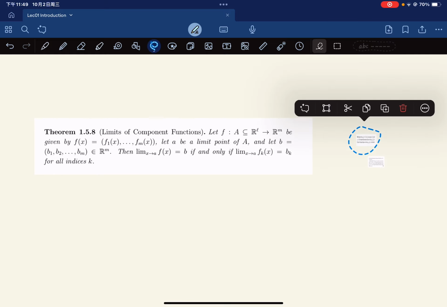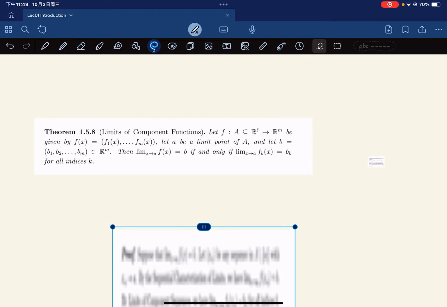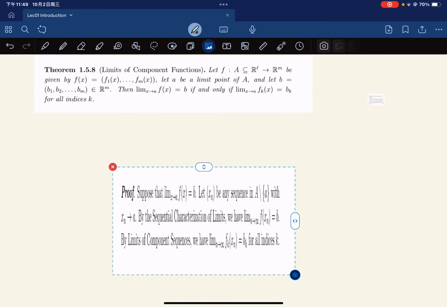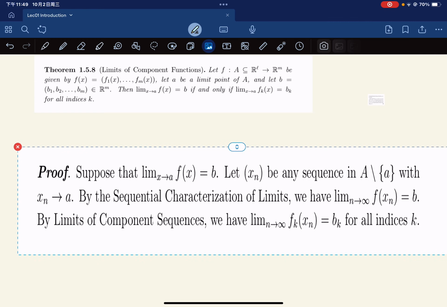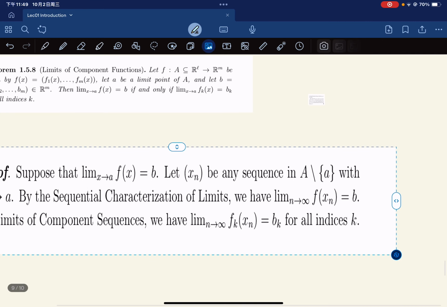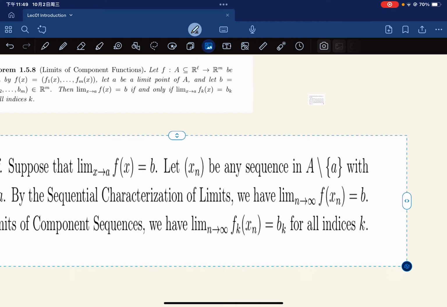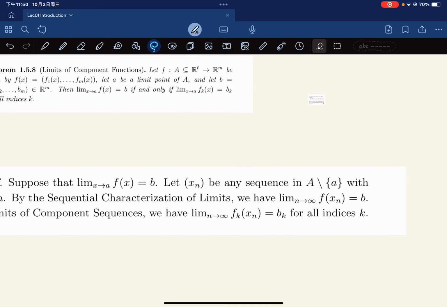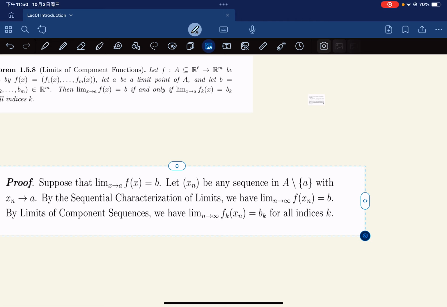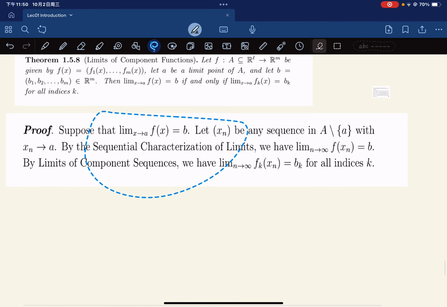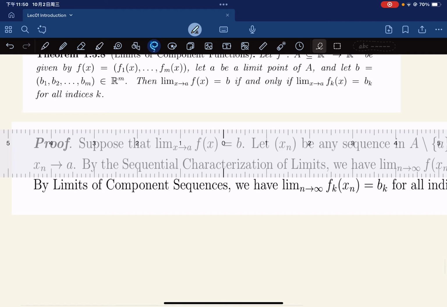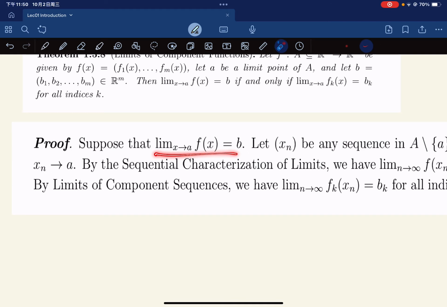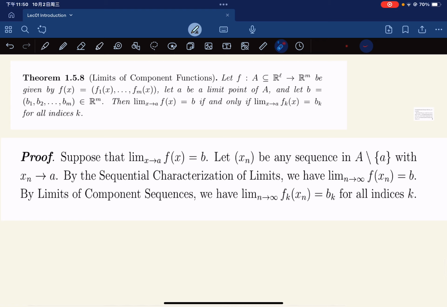So this is very similar as in... Okay. Right, so first suppose that the limit f(x) converges to b, and for any xn converges to a, then we have f(xn) converges to b, because this is true.